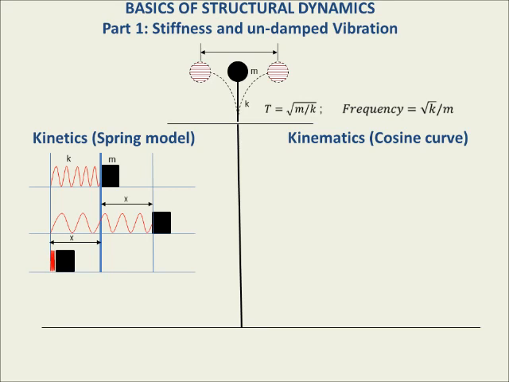Well, basically we have a system of dynamic equilibrium, okay, in the sense that there's an acceleration going on the whole time. It's going to accelerate from the compressed position towards the neutral position, and then it's going to decelerate.